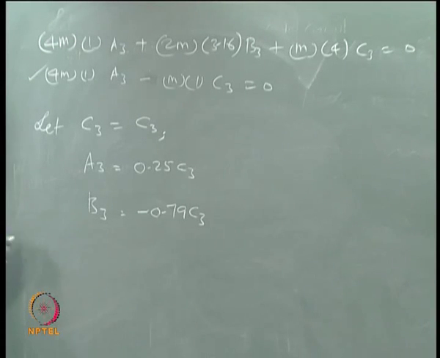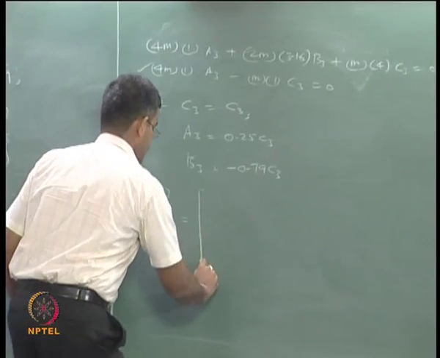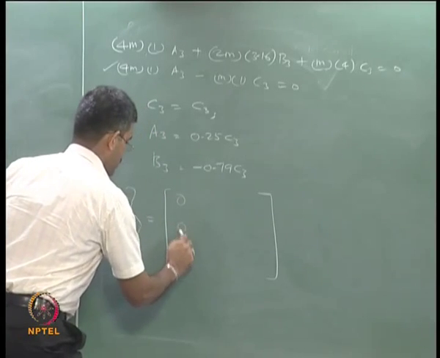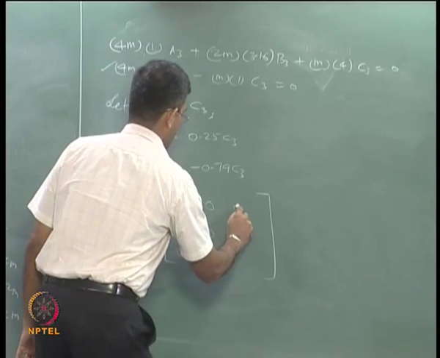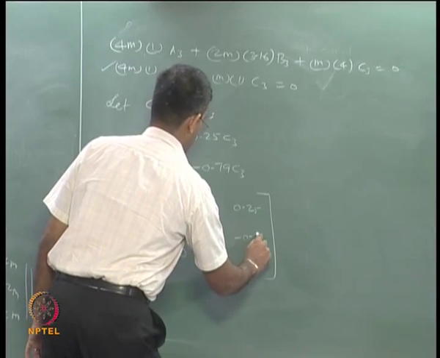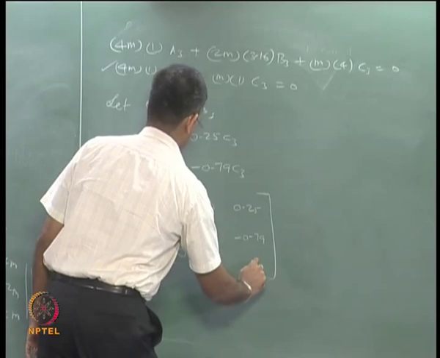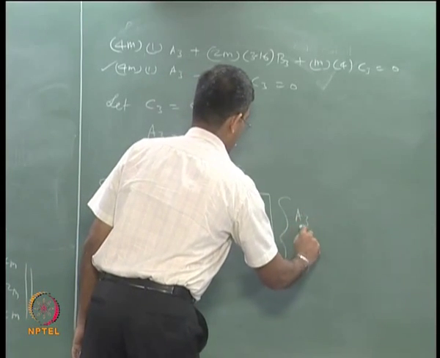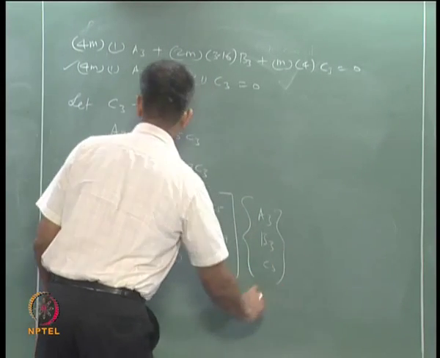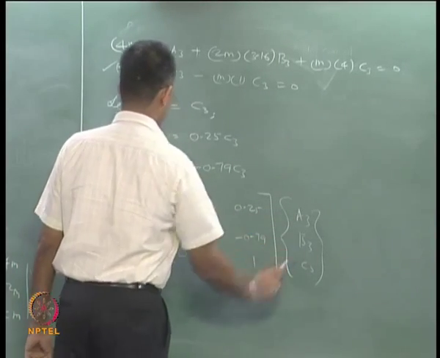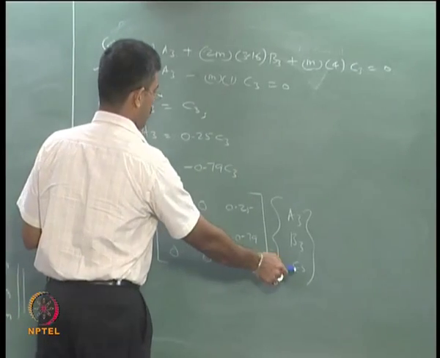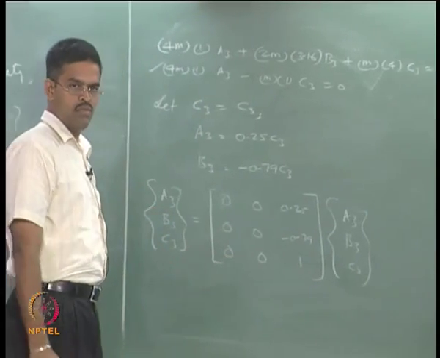So I write a vector now, A3 B3 C3, which I want to use for iteration, is now modified as 2 columns becoming 0, the last column will be 0.25, minus 0.79 and 1 of A3 B3 C3. Let us read it. A3 is equal to 0.25 of C3, B3 is equal to minus 0.79 of C3, and C3 is of course equal to C3, which I am getting the same equation.